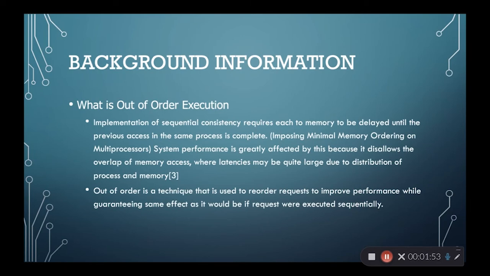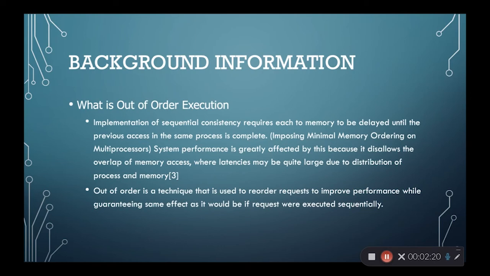So to implement a sequential consistency requires that each memory access be delayed until the previous access in the same process is complete. So that imposes a minimum memory order on the multiprocessors.